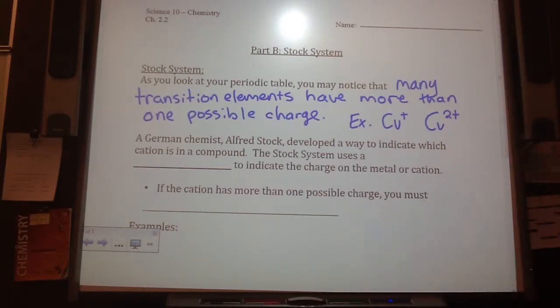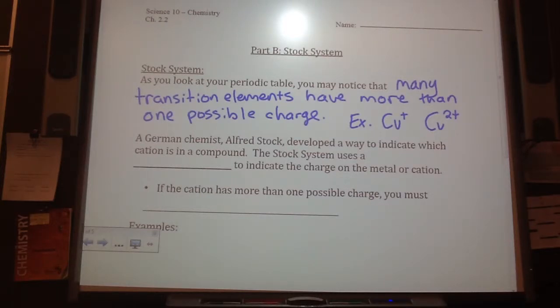So how do we know which one to use? Well, if it's not specified, you always use the first one from the top down. But there's a way for chemists to explain, because it's a big difference if you have copper chloride or copper 2 chloride. Those are two different compounds. So scientists need to be able to communicate that to each other.